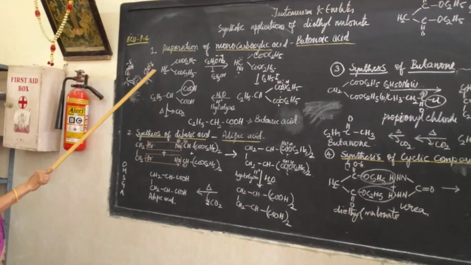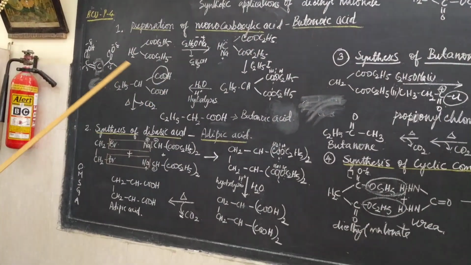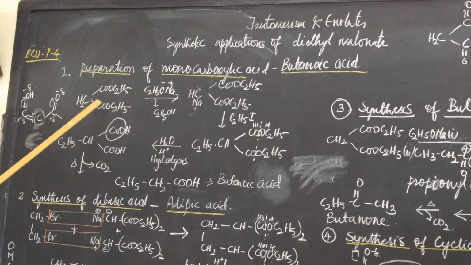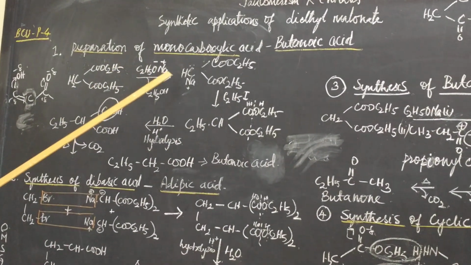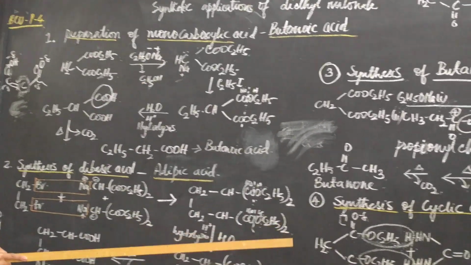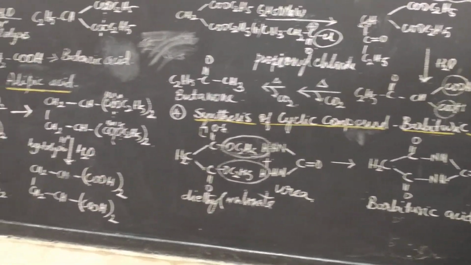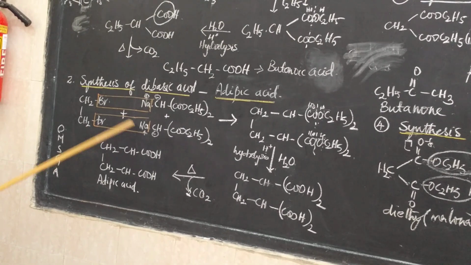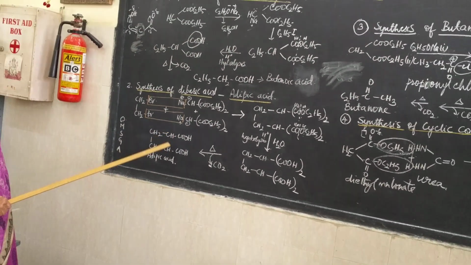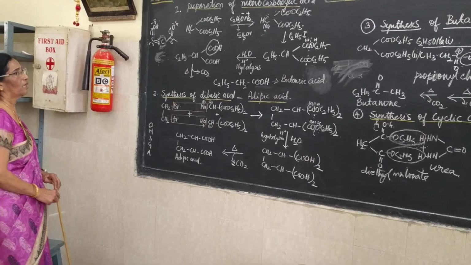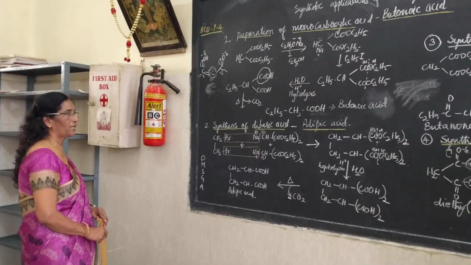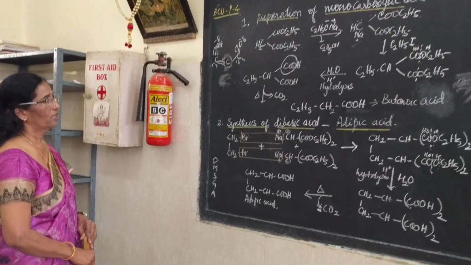Please keep in mind that in many of these reactions we start with a reaction with sodium ethoxide and getting a sodium salt, except for the last one. And here we are interacting two such sodium salts such that I get adipic acid. Hope you have understood these synthetic applications of diethyl malonate.